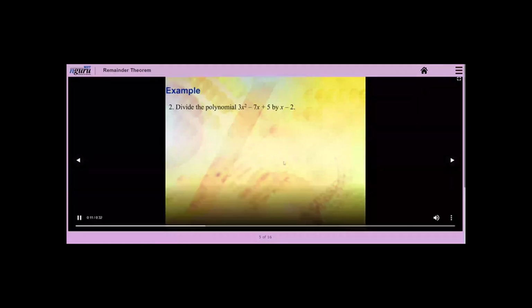Consider another example. Divide the polynomial 3x squared minus 7x plus 5 by x minus 2. The process of long division is shown. Observe that the degree of the new dividend is less than the degree of the divisor.